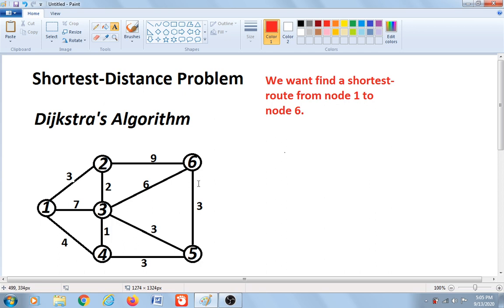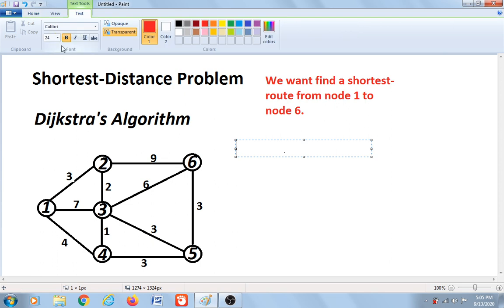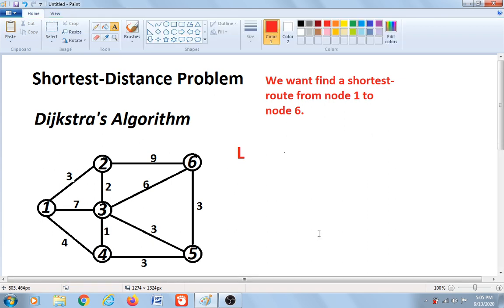Okay, and we're gonna label the total distance as the capital L. Since we start from node number 1, from node number 1 we can go to node number 2, we can go to node number 3, and we can go to node number 4.